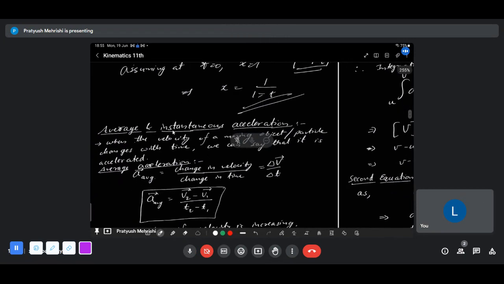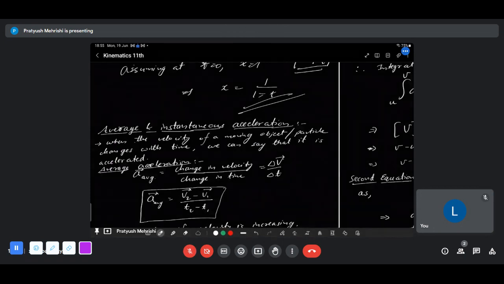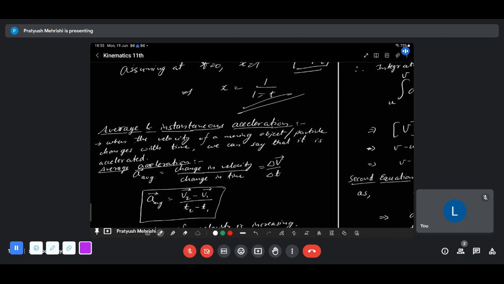Now, acceleration. Whenever the velocity of a moving object changes, we say that it is under acceleration.